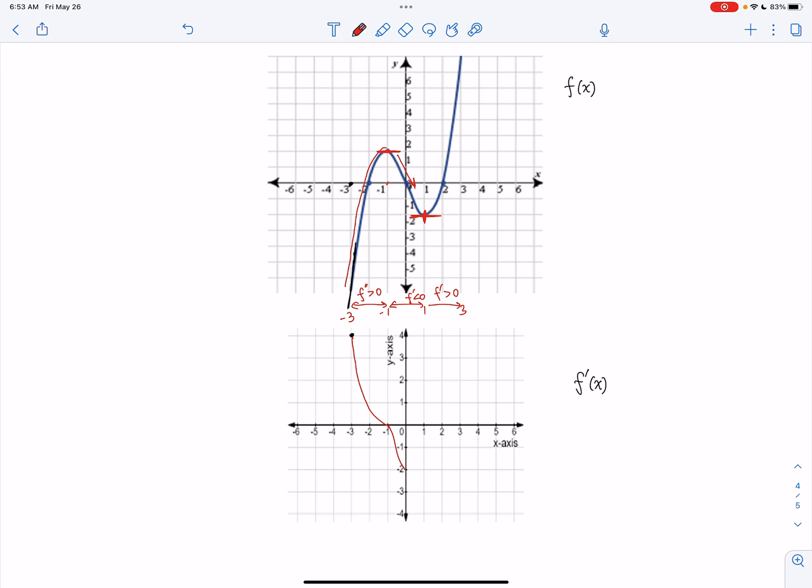it's most negative at 0 because at this 0 point, you can see this downward trend is the fastest one.